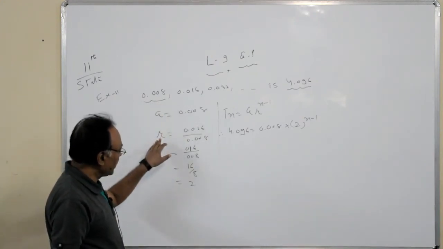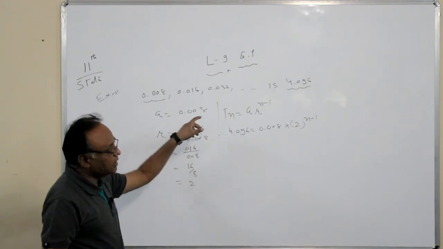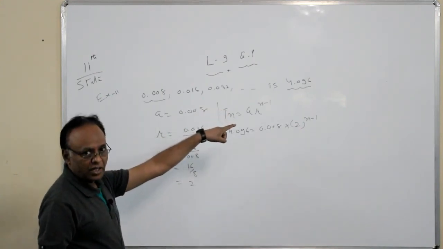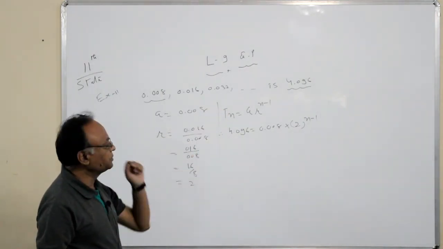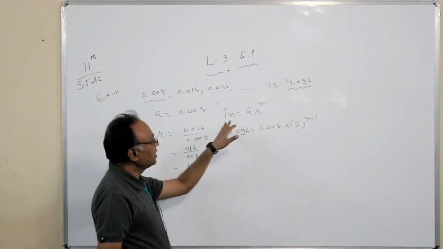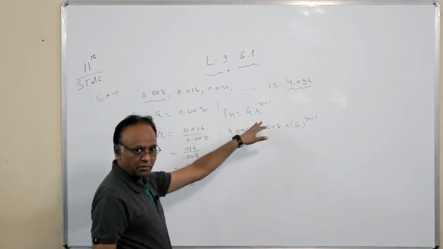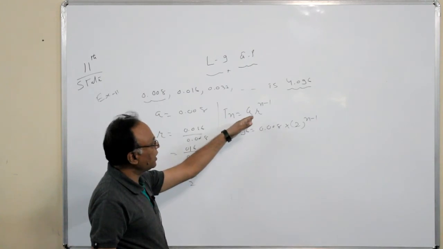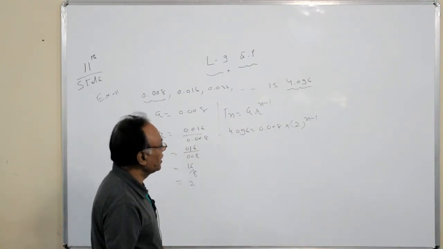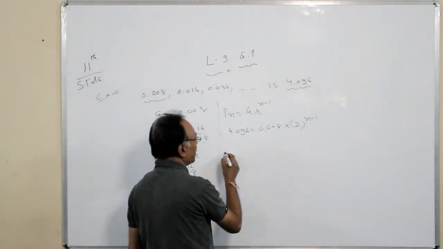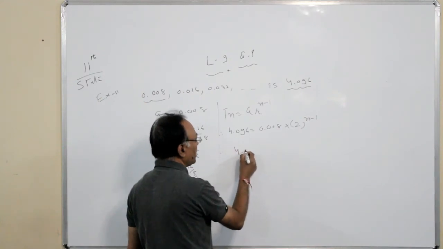Again I repeat, the first term is given, the ratio is given, the Tn value is given, and we want to find out the n. Apply the formula Tn is equal to A R raised to n minus 1. Now take the multiplier to the other side.